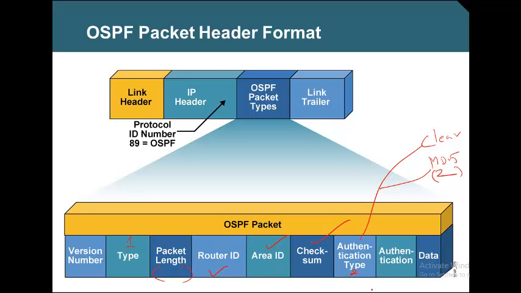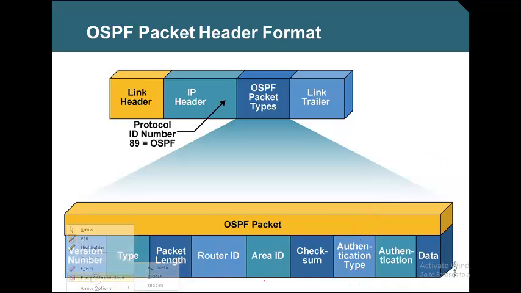For clear text, you will have 1 here. And null authentication, what is null authentication? You have not enabled authentication. And then the password itself. And then the data. Depending on the type, the data will vary.